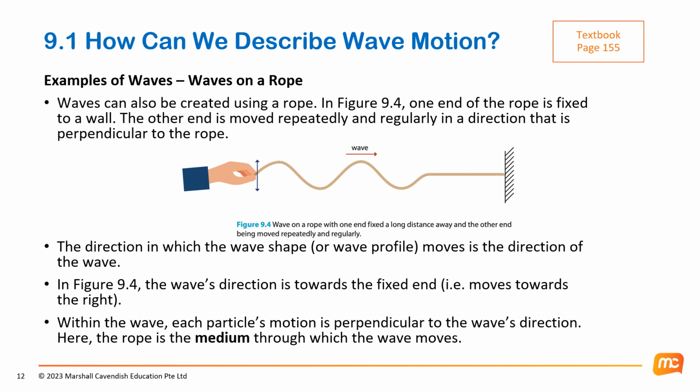It's not as if the rope is moving from left to right. When the person is moving their arms up and down, what you are going to see is that individual particles inside the rope are moving up and down, but they are not actually moving from the left to the right.